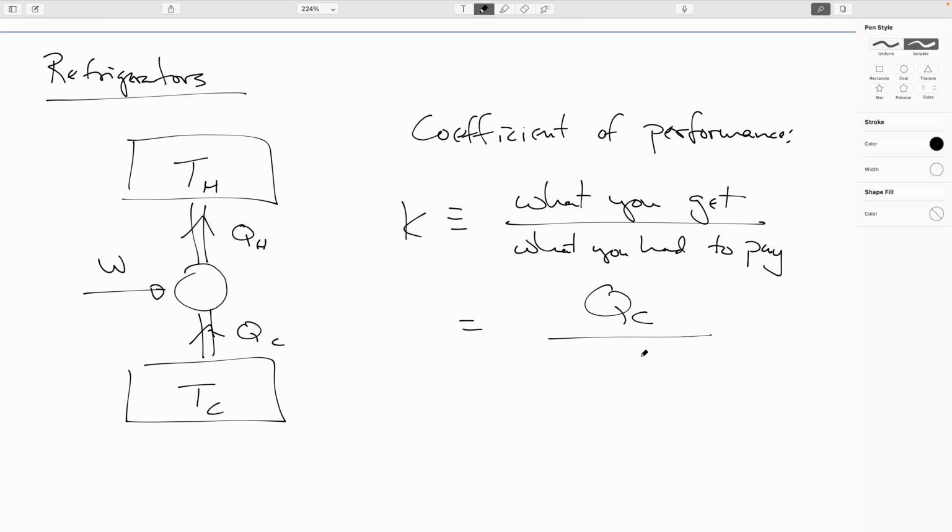What you had to pay, in this case quite literally, is the work that's being done on the system, being input into the system. In this case, electricity is being used to turn a motor.